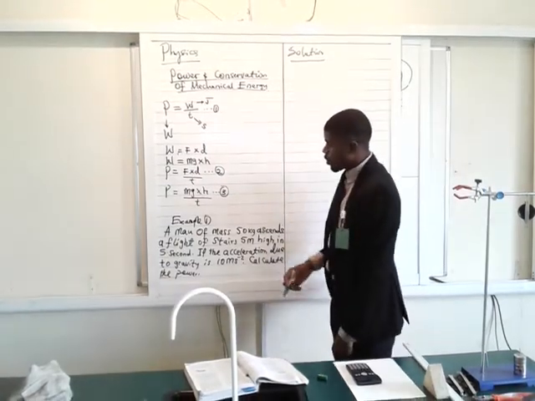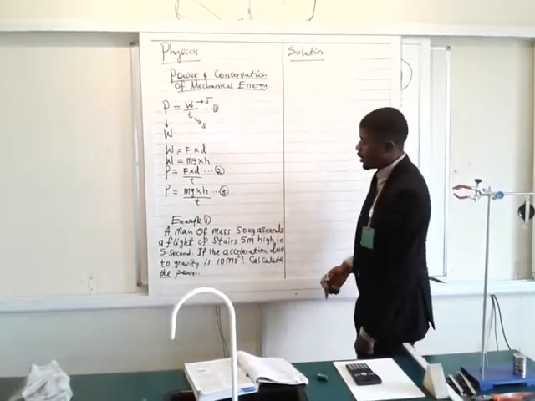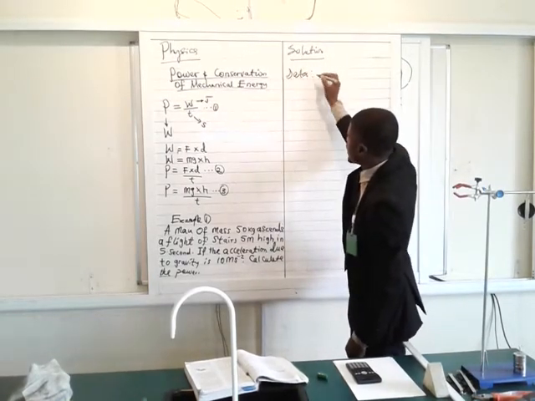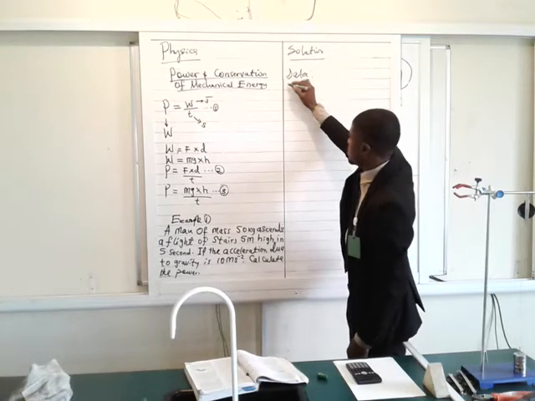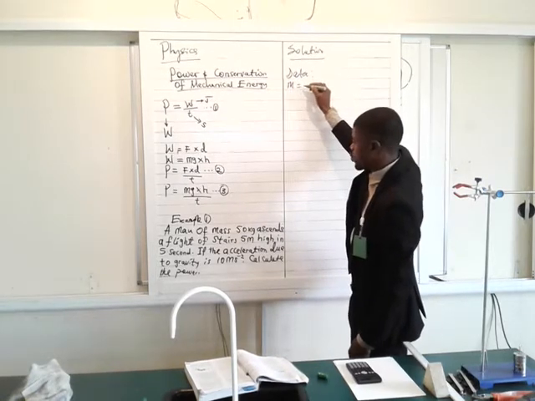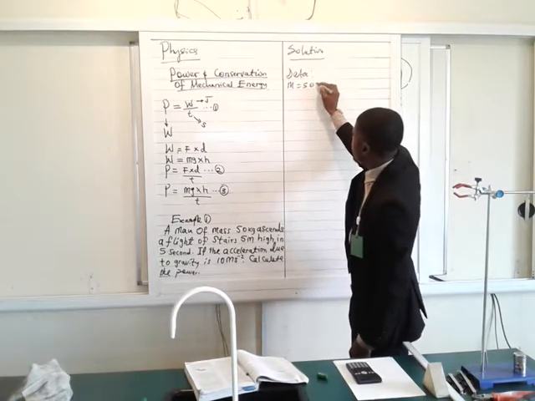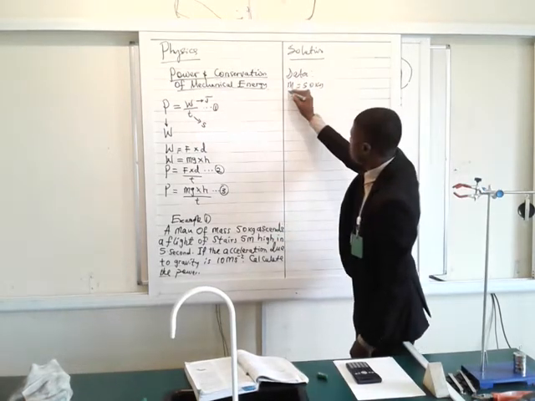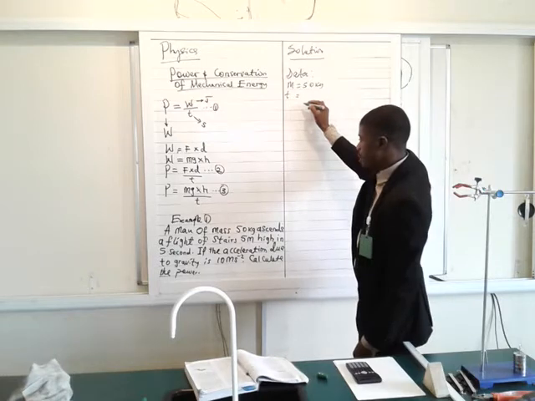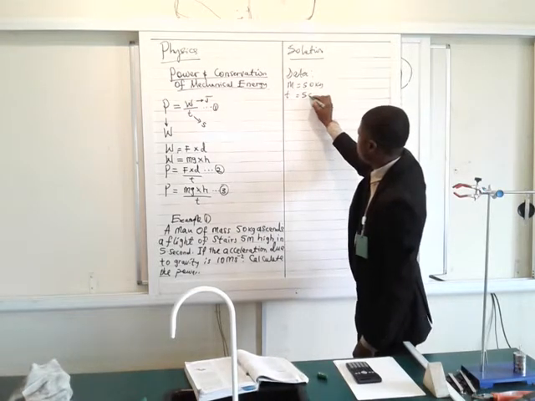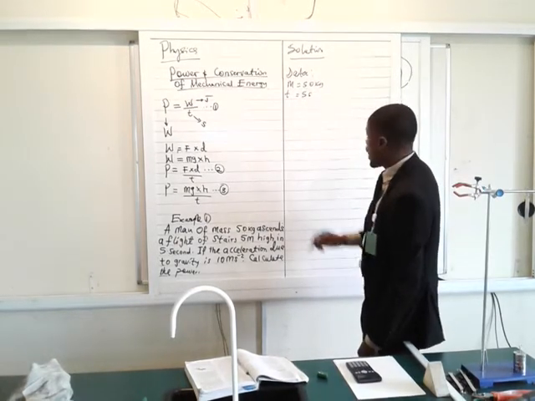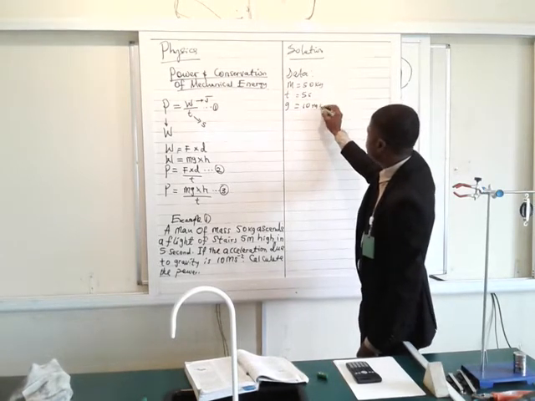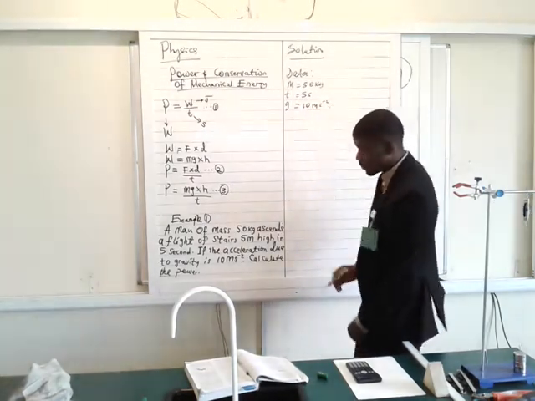Solution. So collect the variables involved in the problem, that is our data collection. So our data, we have mass m is equal to 50 kilograms, time t is equal to 5 seconds, and the acceleration due to gravity is 10 meters per second squared.